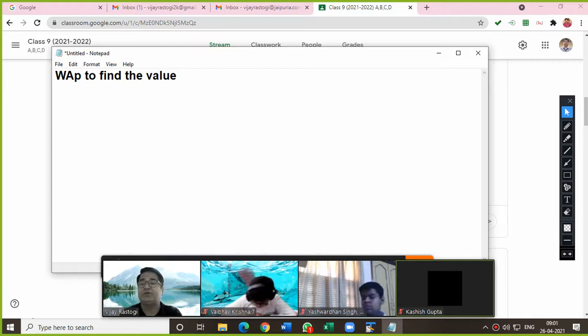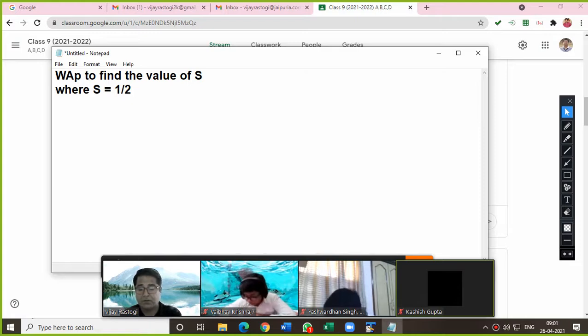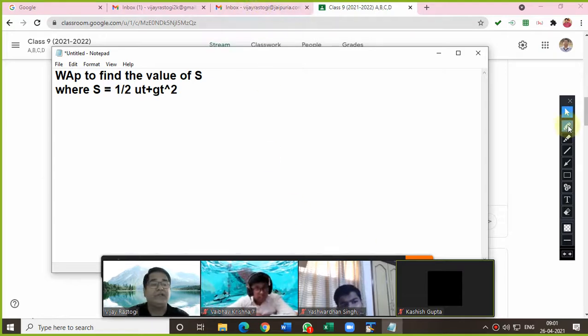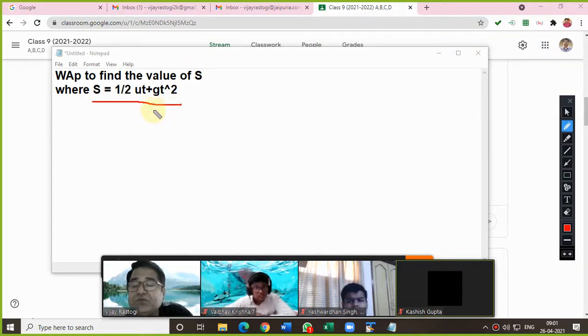Please note down, find the value of s, where s equals half ut plus gt square.